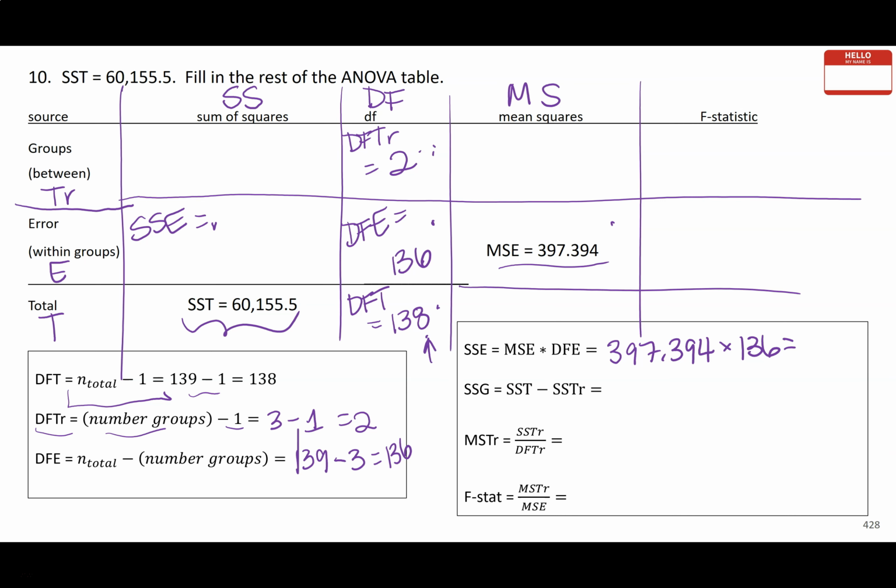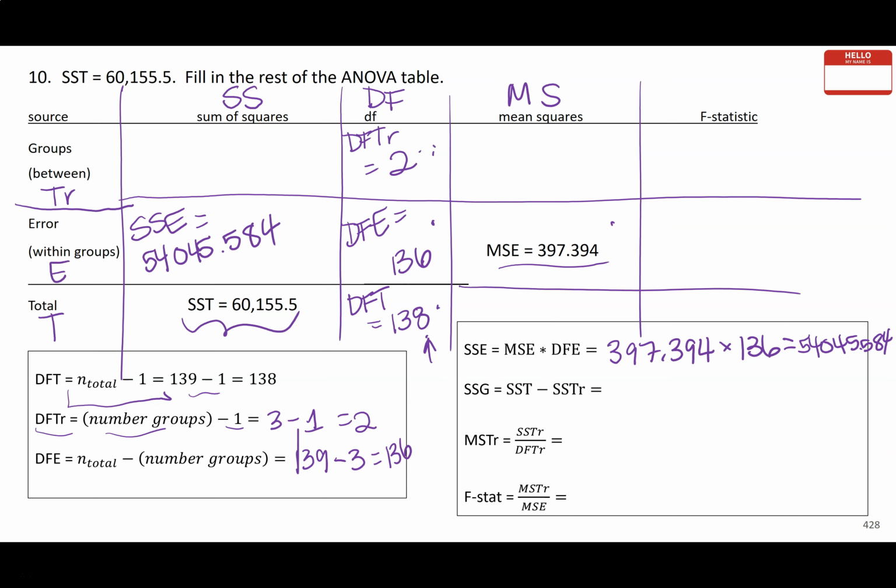Let me see. 54,045,584. Sorry, close to the edge of the tablet's a little hard there. So my sum of squares error there is 54045.584.